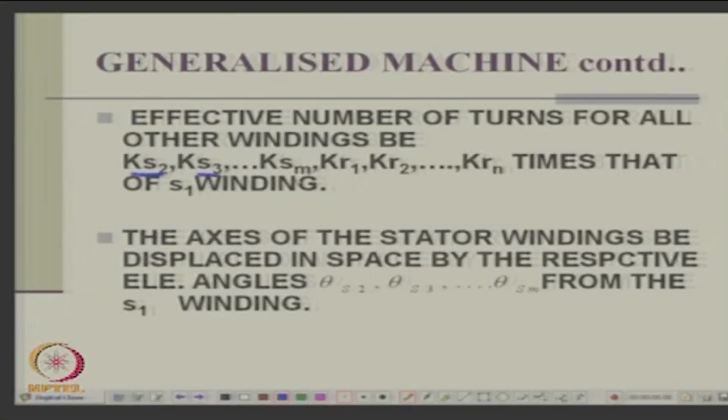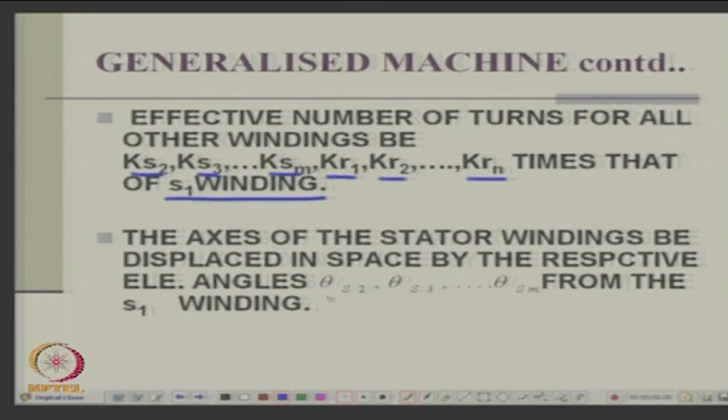So, we have this. Now, let the number of turns be Ks2, Ks3, Ksm with reference to the S1 winding, and Kr1, Kr2, Krn for the rotor windings. So, they will have different numbers of turns. I hope there is no problem in understanding this. And they are displaced also by different angles.